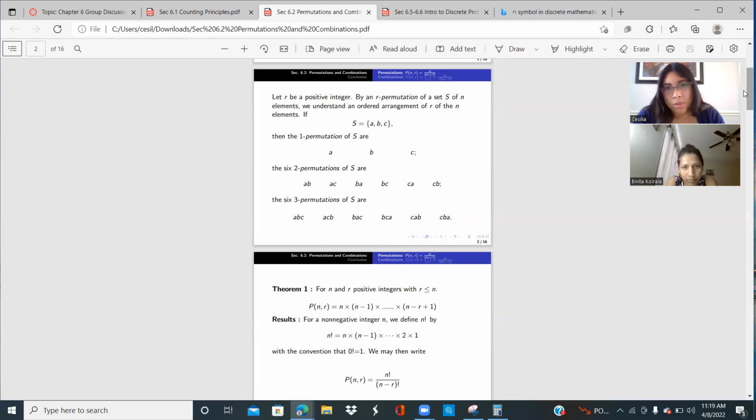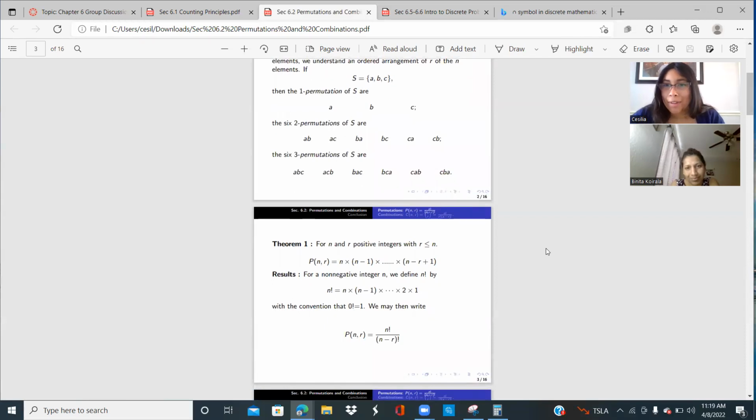If S equals {A, B, C}, then the 1-permutations of S are A, B, and C. The 2-permutations of S are AB, AC, BA, BC, CA, and CB. The 3-permutations of S are ABC, ACB, BAC, BCA, CAB, and CBA.